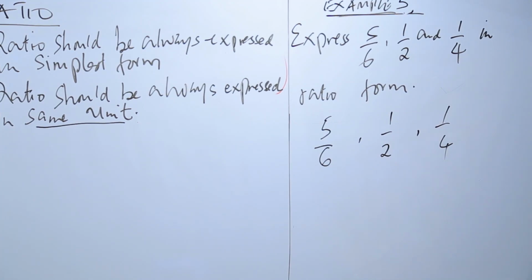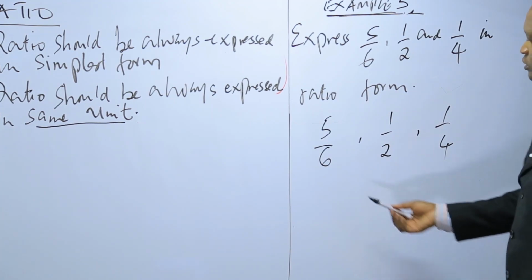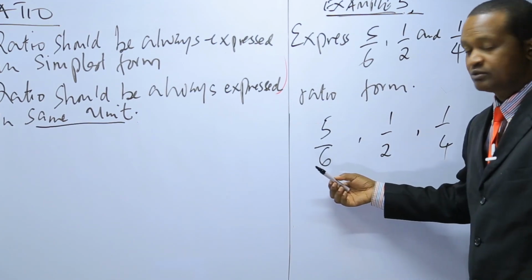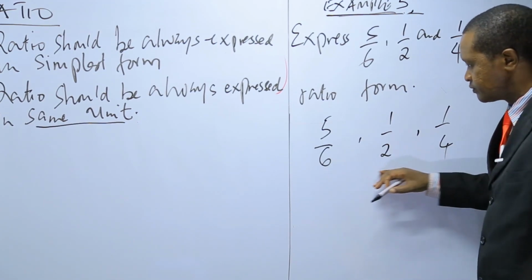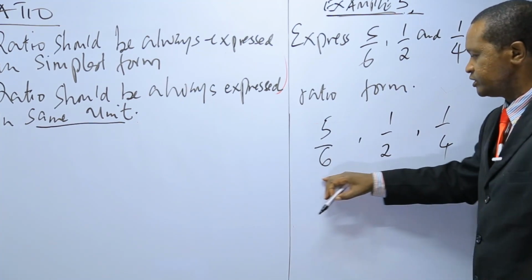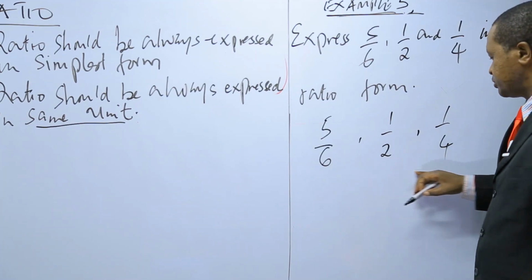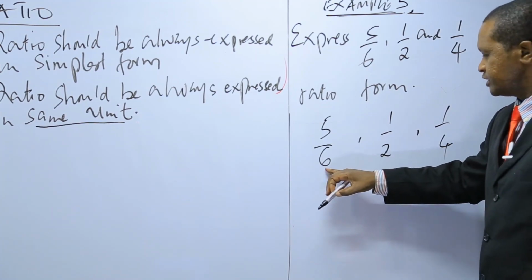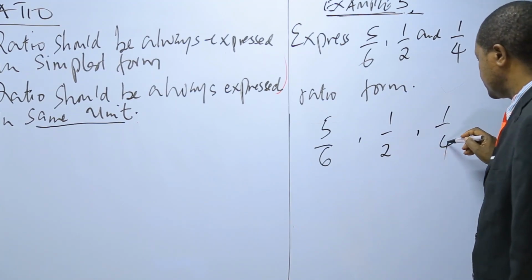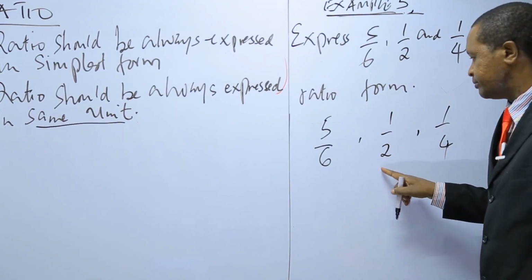So the first step is to do away with the denominators, because these are fractions. We do that by first finding the least common multiple of the 3 denominators, 6, 2, and 4. What is the LCM?